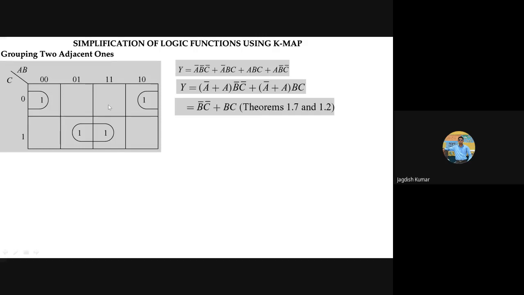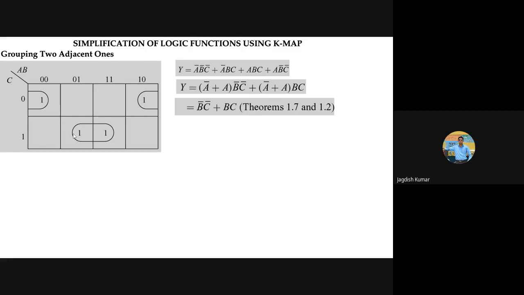So what we will keep in SOP, means sum of products, is B into C. So one term will be BC. So this pair gives you one term called BC. Otherwise, in canonical form, we have three literals in each term. But if you are able to make a pair, one of the literals will reduce. So you will only have two literals for a 3-variable case.